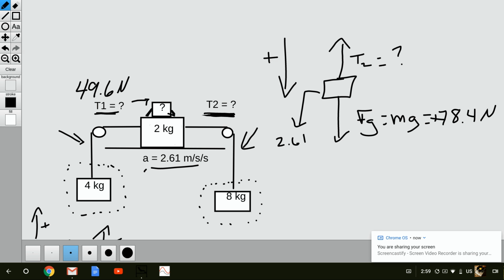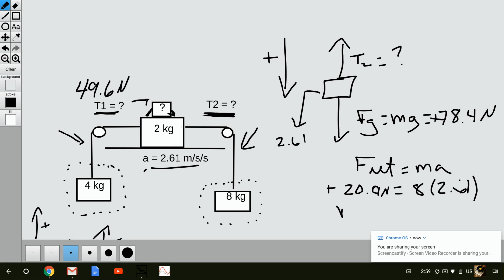Now it's just like we did a second ago. F net equals ma, so we get 8 times 2.61, and we get 20.9 newtons there. Again, that's positive. Now we just solve for the missing force the way we've done it so far. F net equals Fg plus T2.